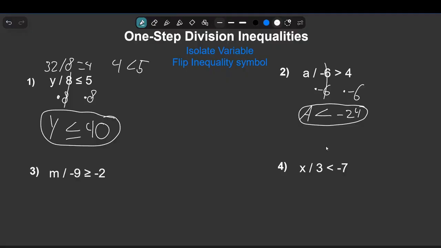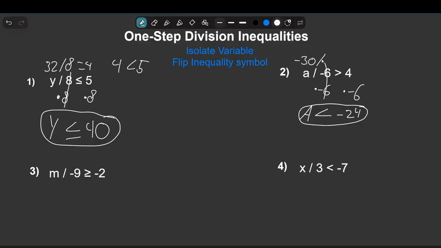Again, we can check this by taking a test number. We have to take a test number which is lower than minus 24, so let's use minus 30. We plug in minus 30.